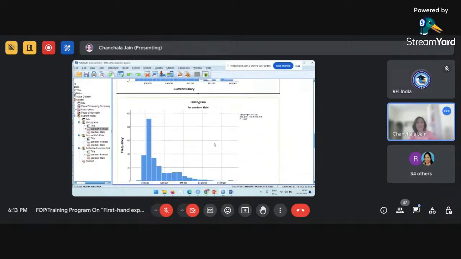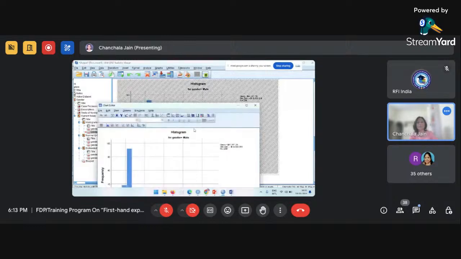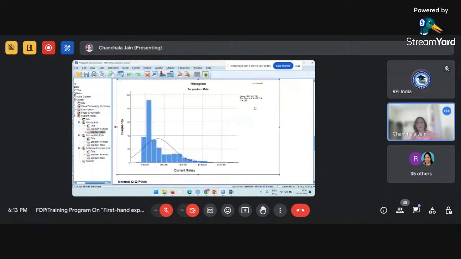Coming to the gender, that is male category. Again, it is very much clear that our data is not normally distributed. It's clearly positively skewed data, right? Once again, you can put the bell-shaped curve on this also, and that way you can ascertain this also, right?